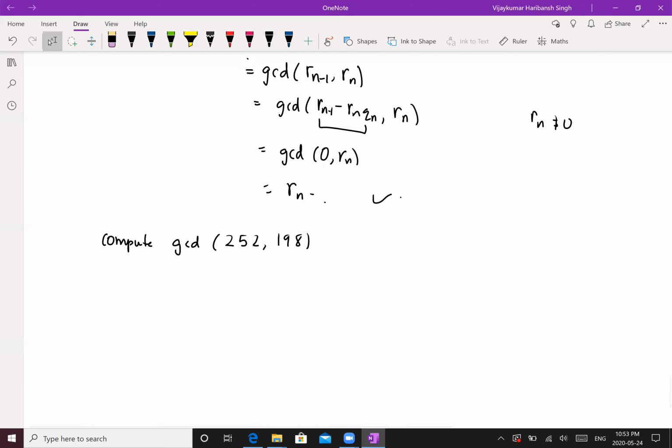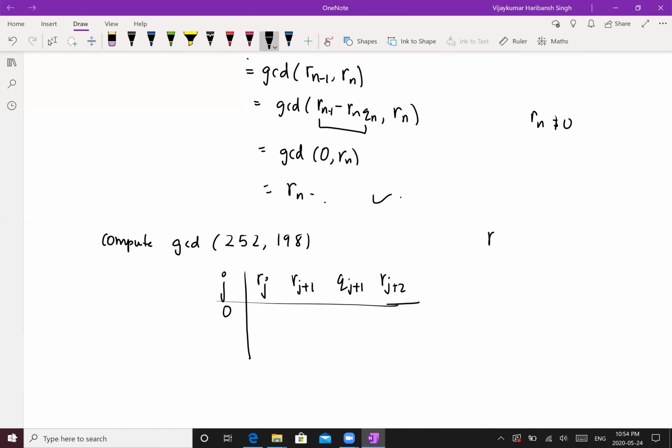We have Rj, where j starts at 0. We need Rj plus 1, we need Qj plus 1, and we need Rj plus 2. Now, why this table choice?